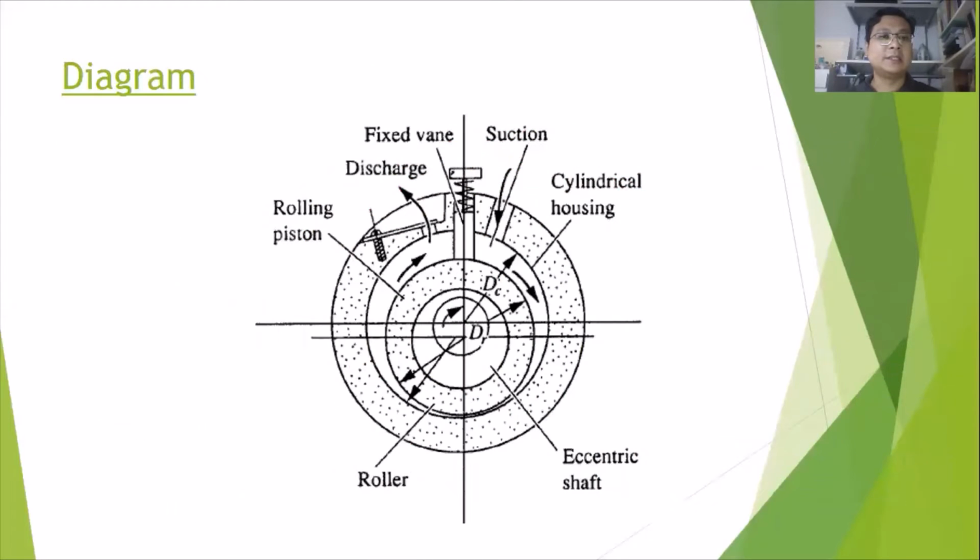Now you can see the system diagram of the rotary compressor here. The static part is the outer one, and the second one is the roller as the moving part.